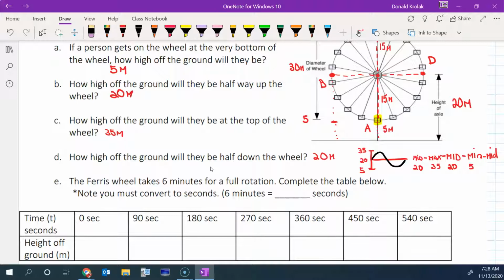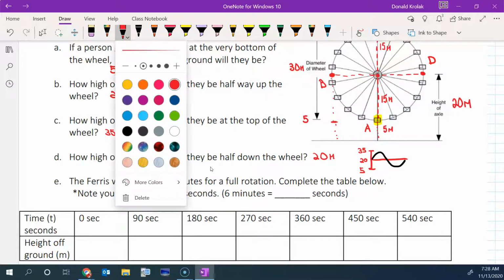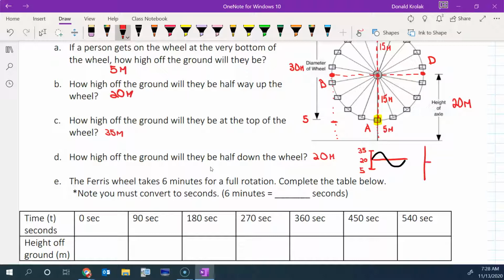Oh, nope. That is wrong, because we're actually going to start at 5. Okay. So I'm not going to write that out, because when we start this graph, guys, this is a normal sine graph, but we're not starting at 0, and we're not starting at 20 feet.